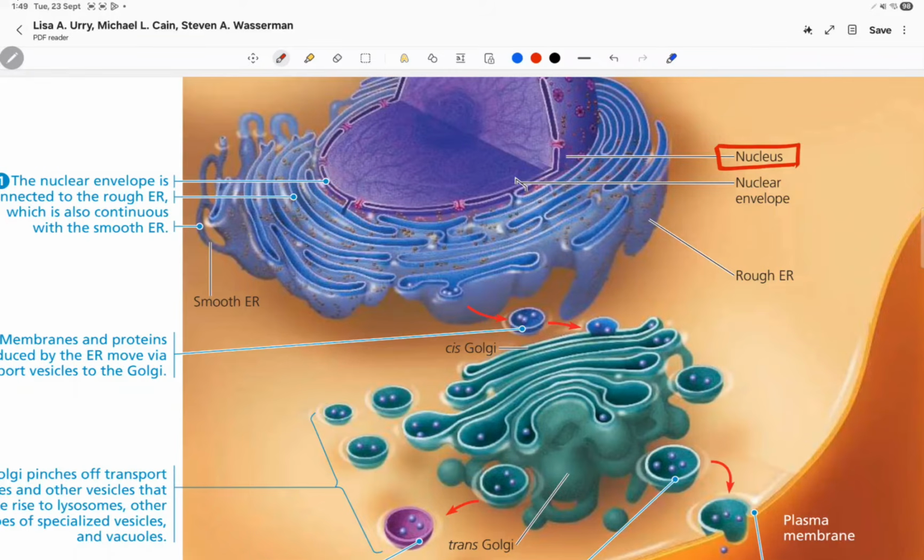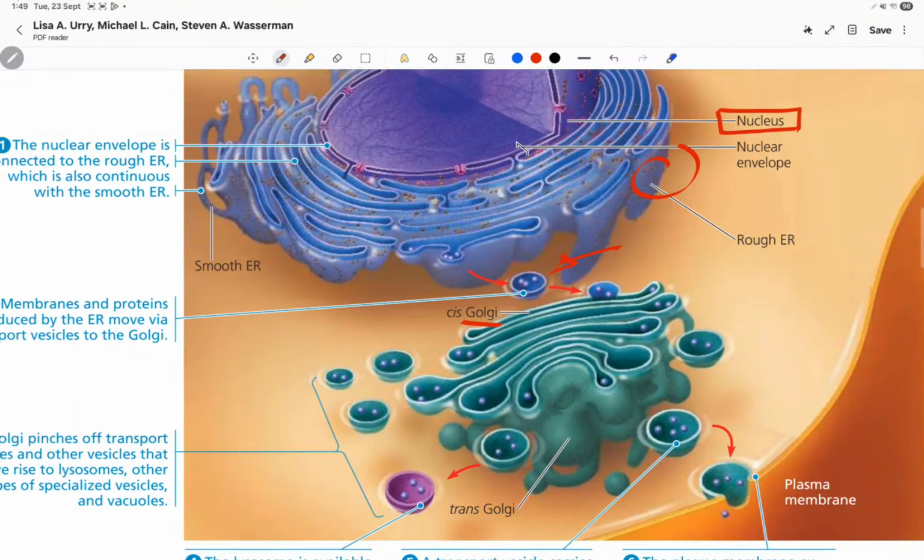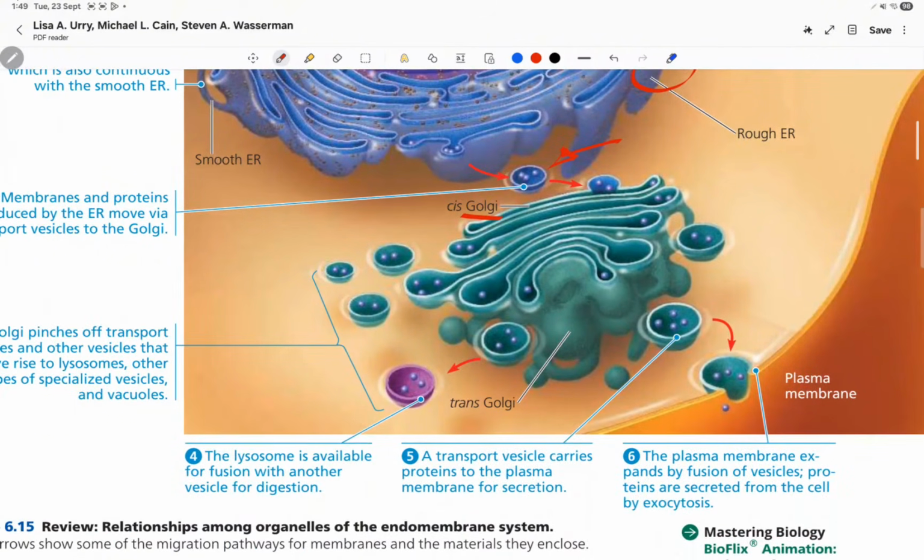It will leave the nucleus, and it will go all the way to the ribosomes on the rough ER to create a product that gets packaged inside a vesicle, which then has to be taken to the Golgi body. Inside this Golgi body, that protein has to be modified, has to be changed in a certain way to either become a permanent part of the plasma membrane or to permanently leave the cell.